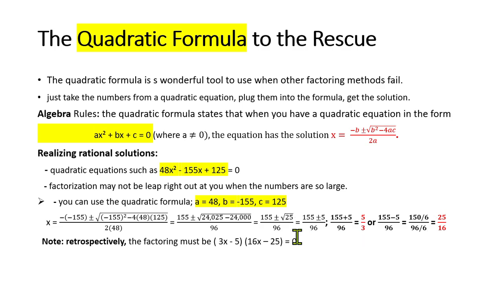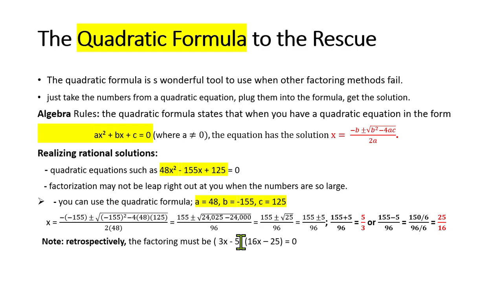But in this question, 40x squared minus 155x plus 125 equals 0, a equals 40, b equals minus 155, and c equals 125. You just plug them into the quadratic formula, minus b plus or minus the square root of b squared minus 4ac, over 2a.